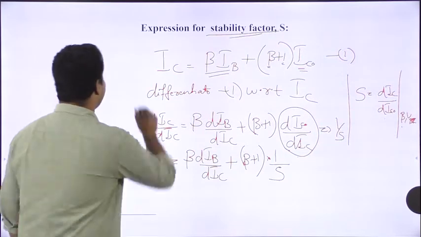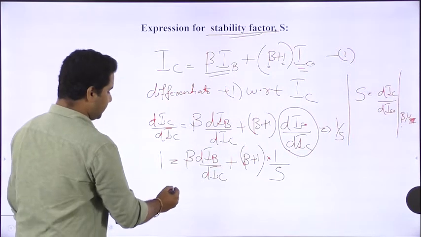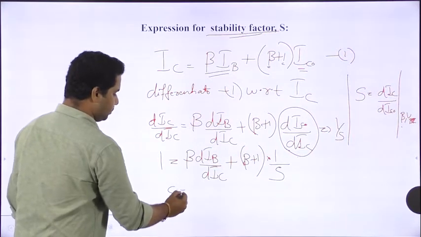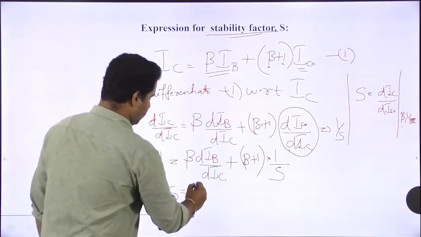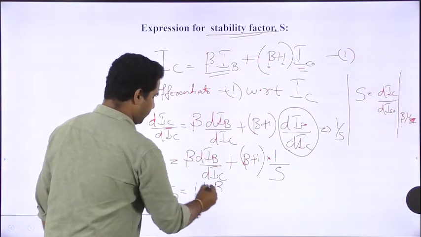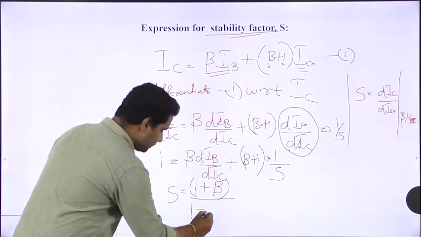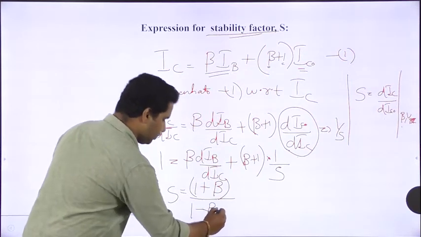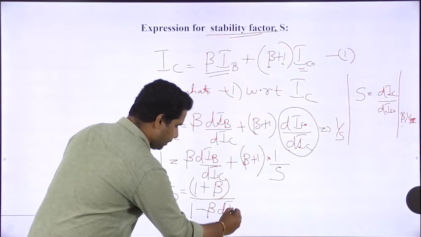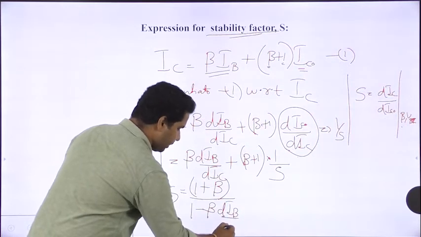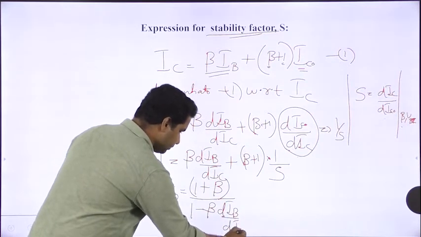Stability factor S is equal to 1 plus beta divided by 1 minus beta into dIB by dIC.